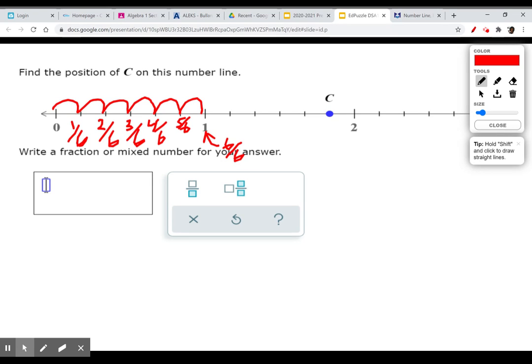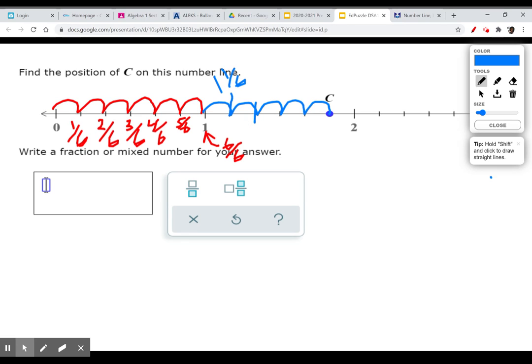So if we're still counting by that same unit of measure, I'm just going to change colors here. If I'm going from 1 to the next whole, from here, here, here, here, here, I can see that right here I have 1 and 1/6 now.